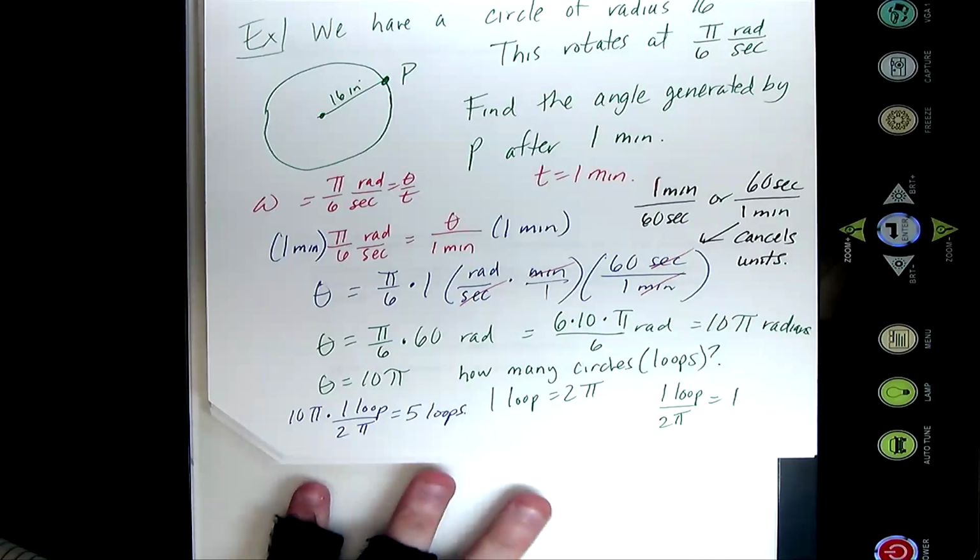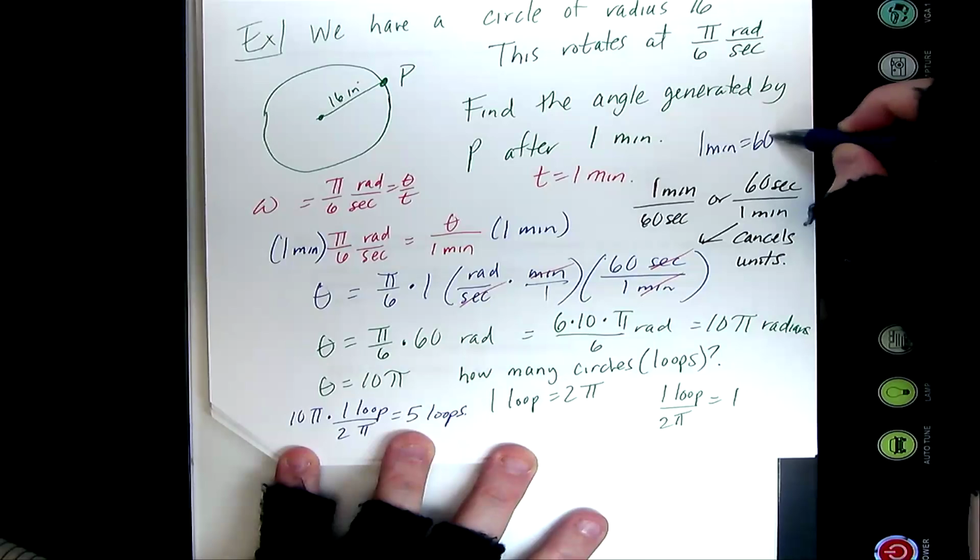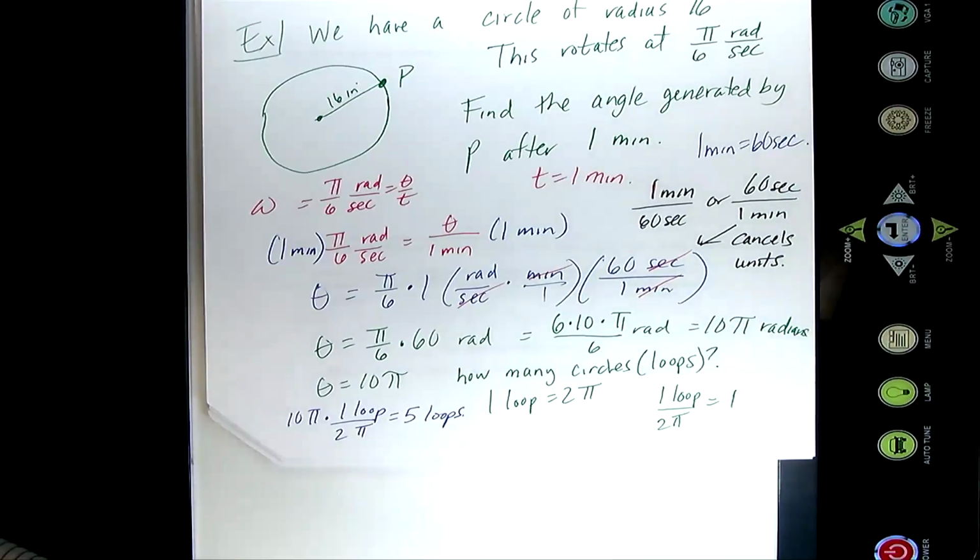This is how you can do any of them. Start with the relationship, 1 minute equals 60 seconds. It doesn't need to start as a fraction. Do the equality that you know, 1 minute equals 60 seconds. Then just choose to divide both sides by one of the sides.